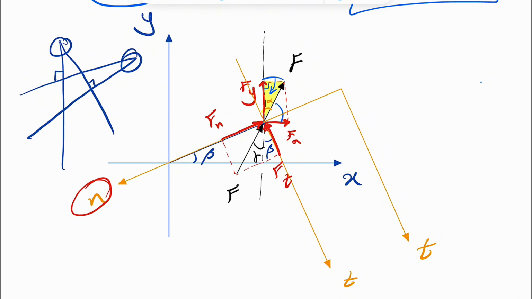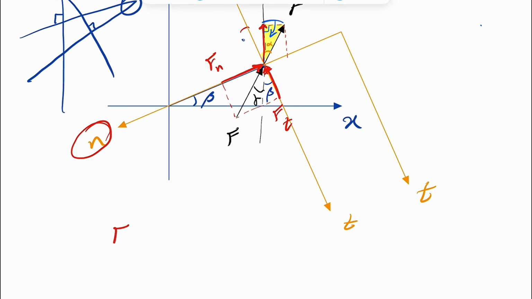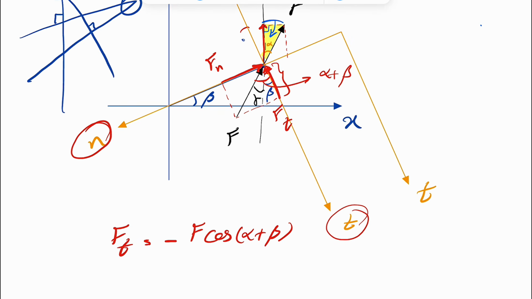Now we have the angle with each of the sides. Let's just clean up the FT and FX. Now, if you look at it, our FT would be this side that is the adjacent of that angle right here, which is basically alpha plus beta. And also we can see that it's acting in the opposite direction of t, so it's negative, and it will be negative F cosine of alpha plus beta.